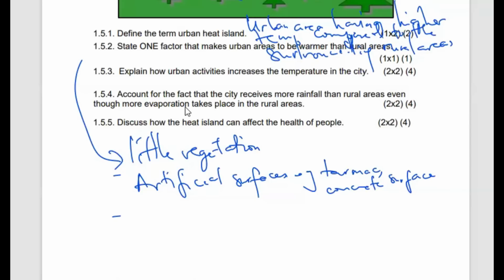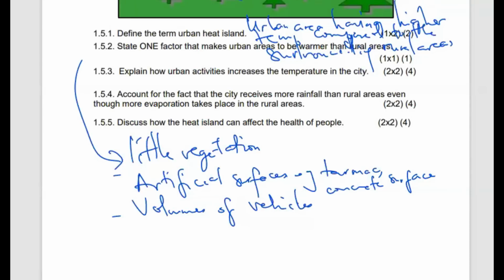And also we can look at volumes of vehicles. In the urban area, we tend to have more vehicles that release pollutants that tend to absorb heat in the urban area.